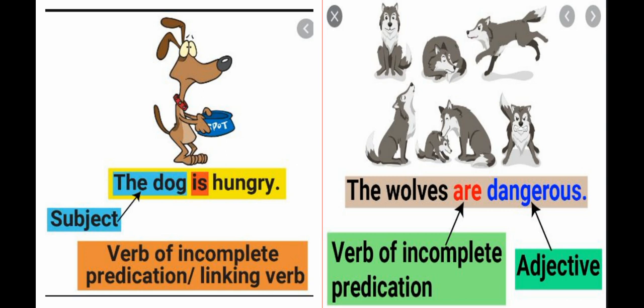Again here, are is verb of incomplete predication because it needs an adjective dangerous to complete its meaning. So I hope children all these things are clear to you now. What is a transitive verb, what is an intransitive verb, and what is a complement of the verb, and what is a verb of incomplete predication.